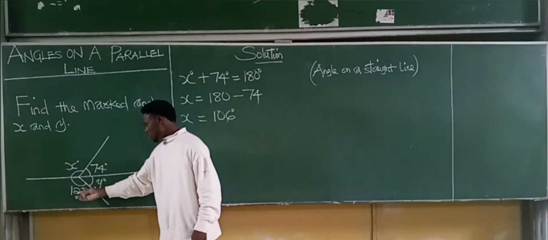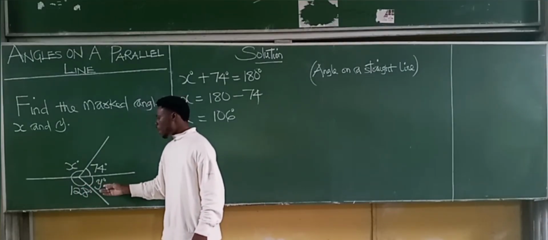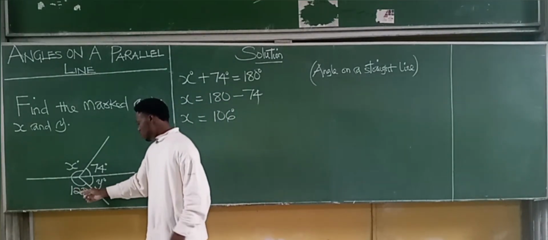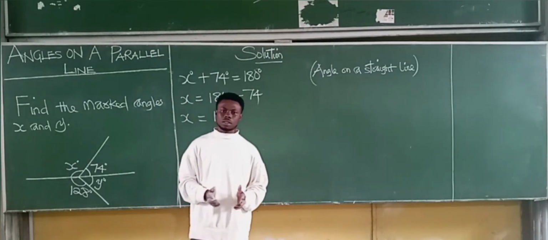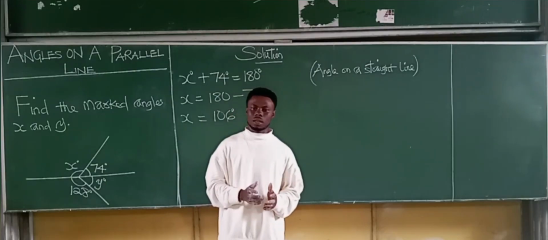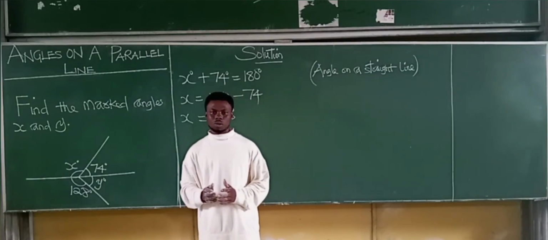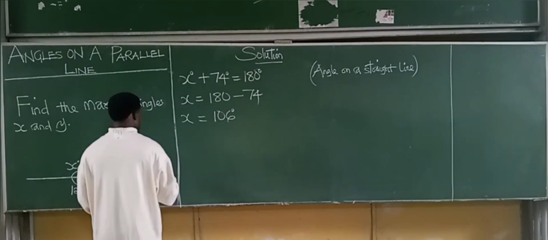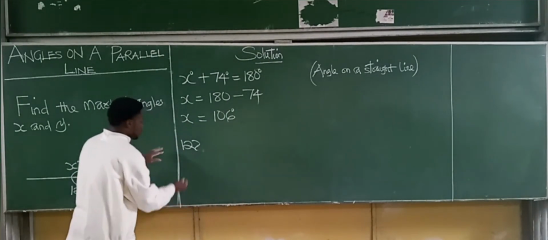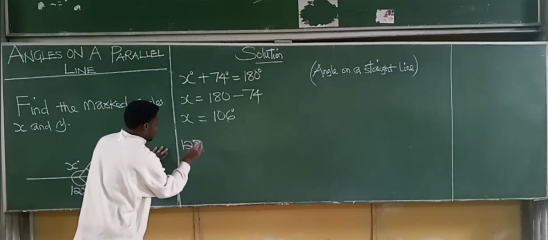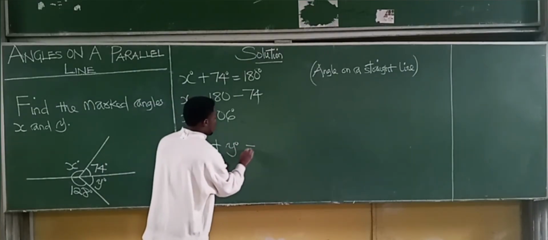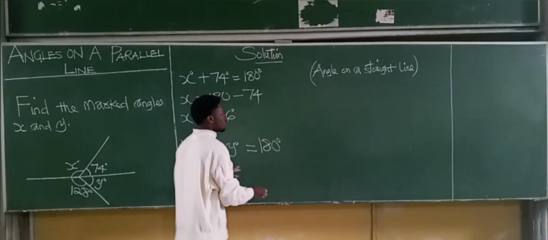Again, we have 128 degrees and Y degrees, still on the same plane. At this point, 128 plus Y degrees also gives 180 degrees. Angles on a straight line sum up to 180 degrees. Take note. So we have 128 degrees plus Y degrees equals 180 degrees.